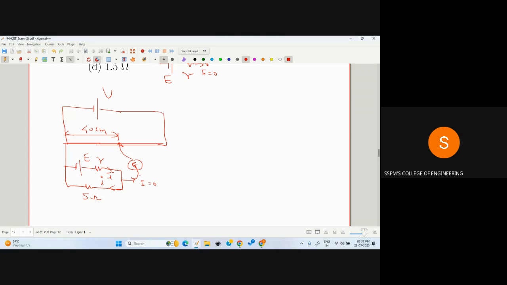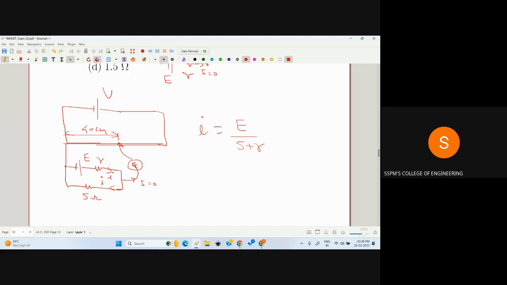And no current will flow through the galvanometer. Now you have to find the current flowing through the cell. The current is the cell voltage E divided by 5 plus r, where small r and 5 are in series because the same current is flowing. That's why these are coming in series.